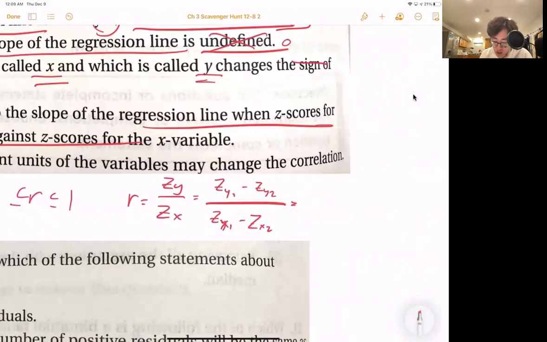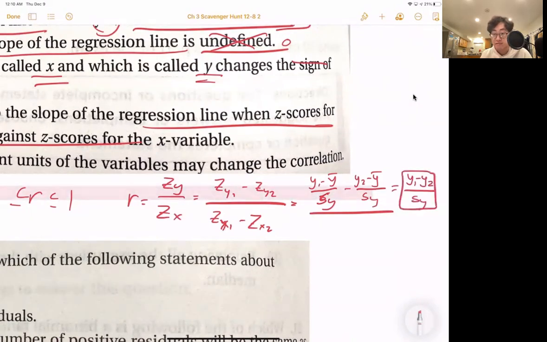So y1 minus the y mean over the standard deviation of the y's, let's write it as sy, minus y2 minus the y mean over sy also. If you do this mathematically, what you end up getting is y1 minus y2 over sy.